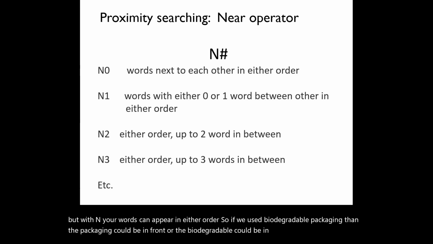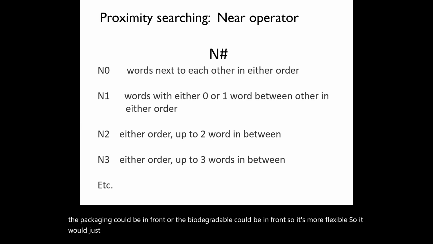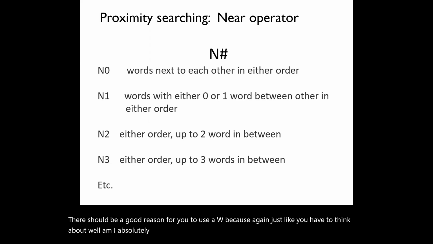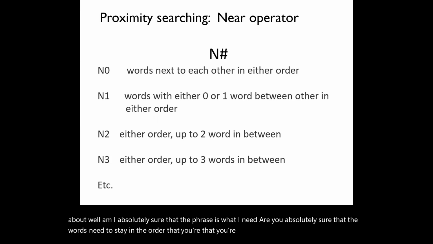So it's more flexible. So I would just say, if you're using the W, there should be a good reason for you to use the W, because again, just like you have to think about, well, am I absolutely sure that the phrase is what I need? Are you absolutely sure that the words need to stay in the order that you're specifying? Or is it quite possible that there are relevant results where they are flipped?